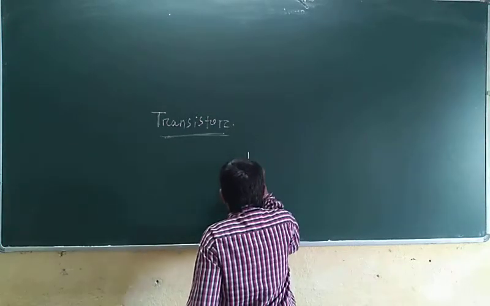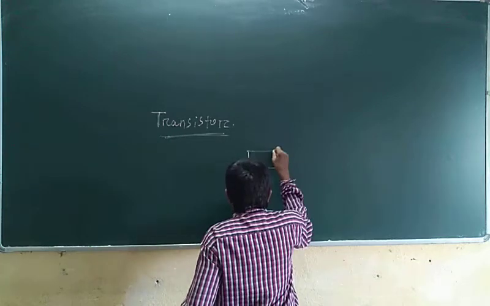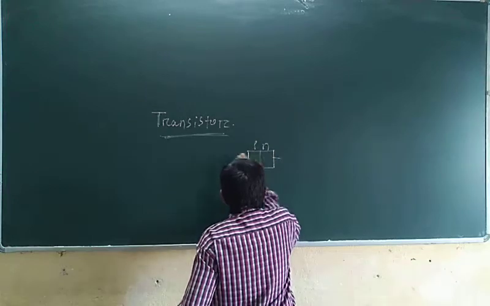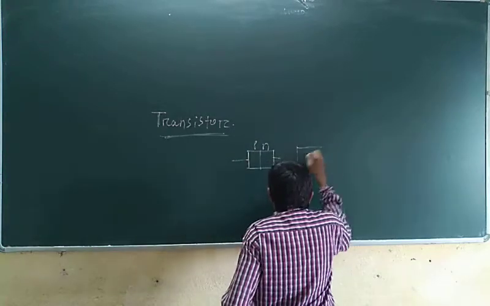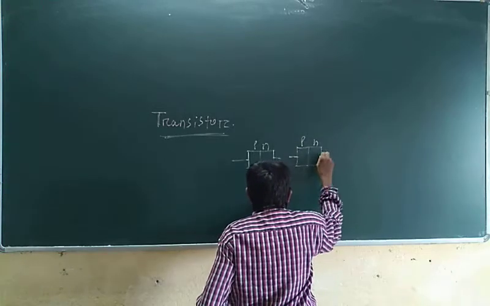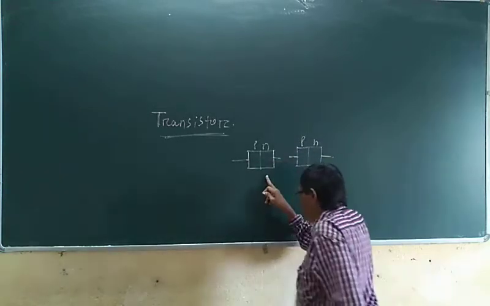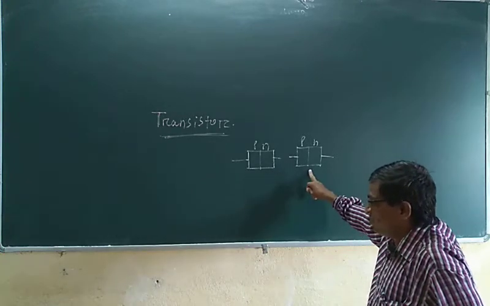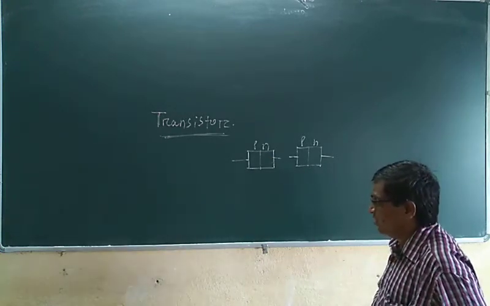Two PN junction means that is a PN and another PN. Now, two PN junction are combined together to form a transistor.